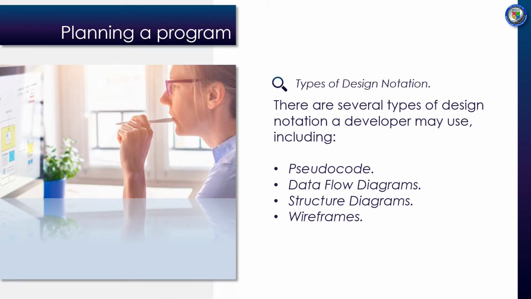There are many different types of design notation available to developers. Some are more useful for certain aspects of design than others. Four main design notations that we will look at are pseudocode, data flow diagrams, structured diagrams, and wireframes.